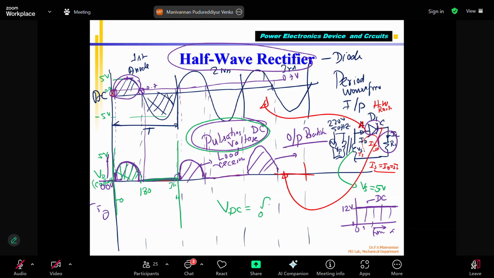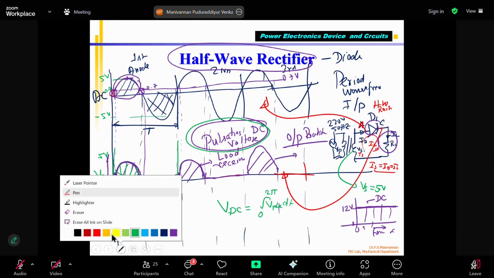During this it is varying. If I integrate from 0 to 2 pi, that is one cycle. This is 2 pi, this is pi, correct? And whatever that is, V pulsating DC, I integrate with respect to theta, with upper and lower limits, and you will get a constant DC voltage. The constant DC voltage I can represent in another color.